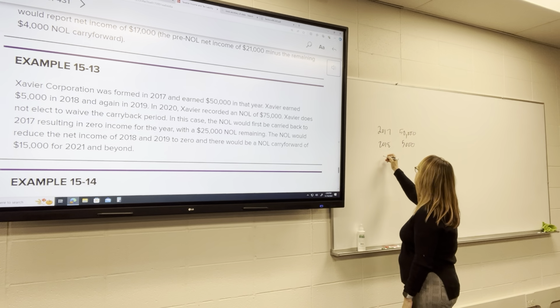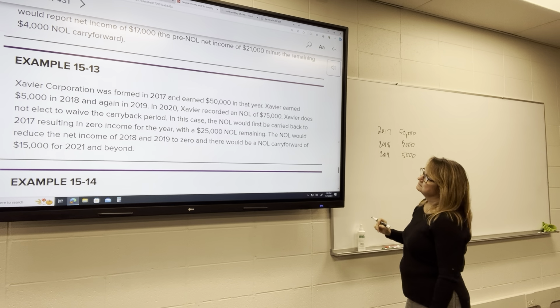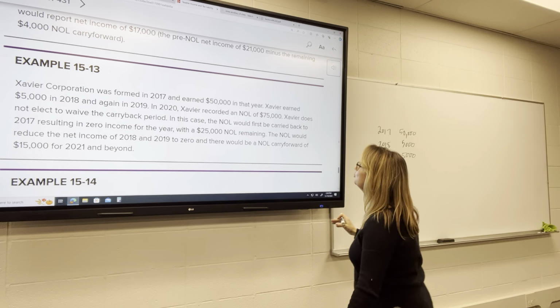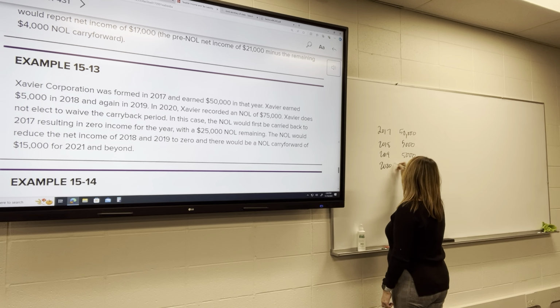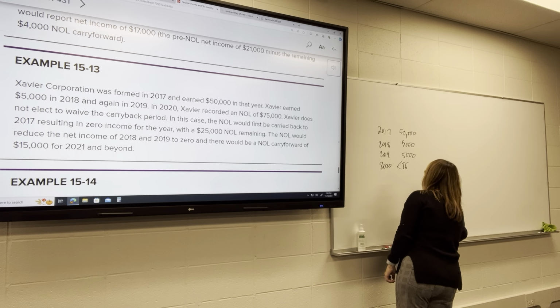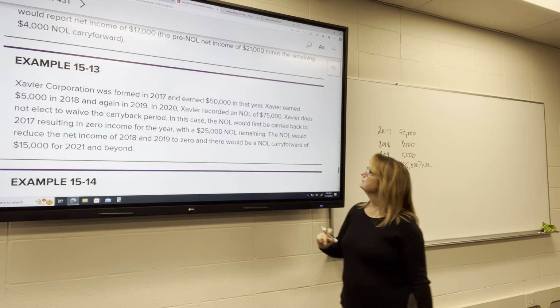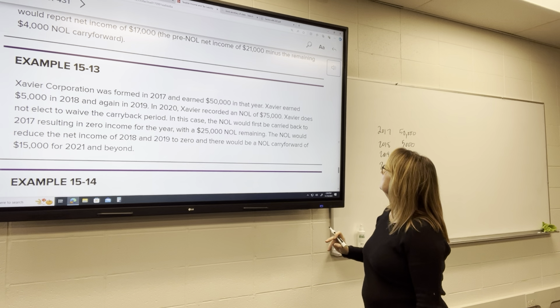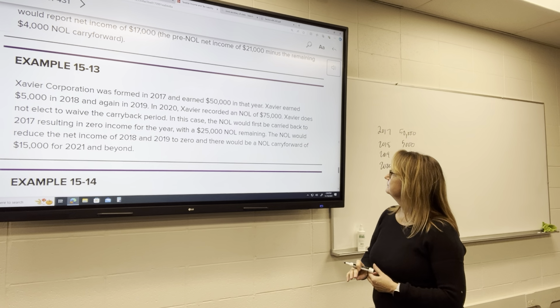And again in 2019. In 2020, they had an NOL of 75,000. They do not elect to waive the carryback period.